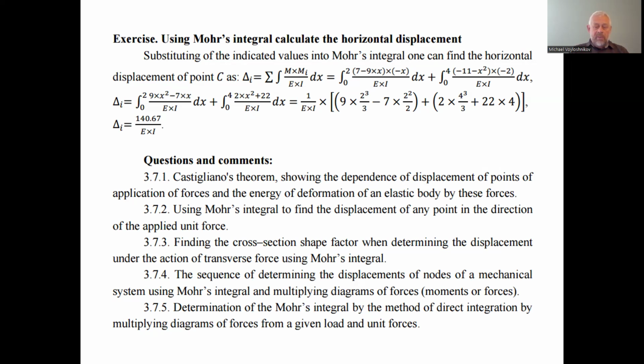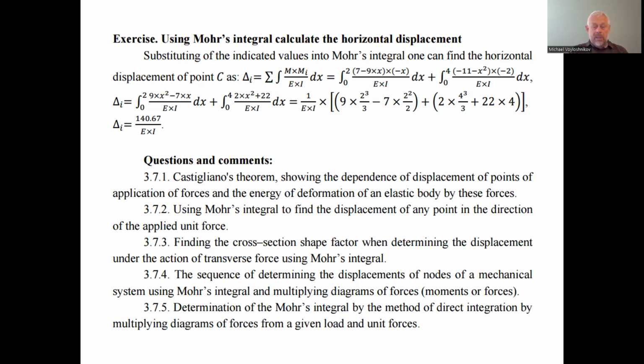The unit force diagram we consider when we find the displacement in any translational direction.